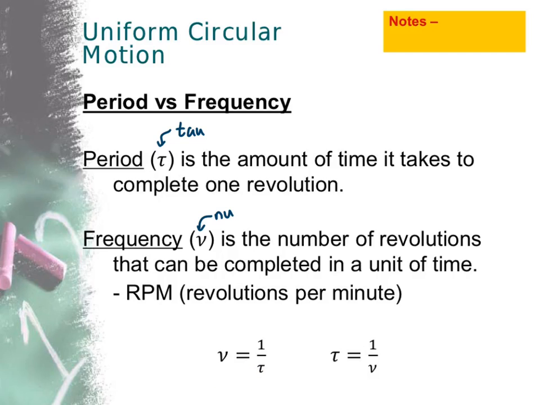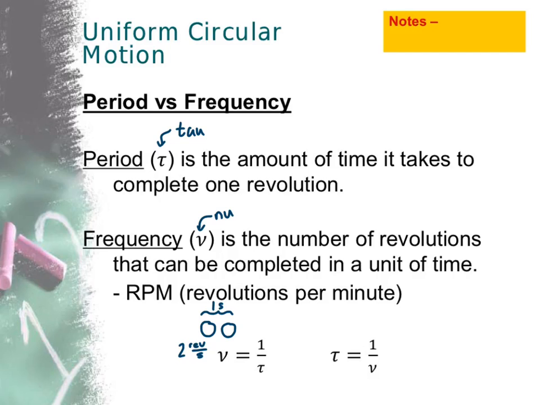That is, if you can do, in 1 second, 2 revolutions, 1, 2, so your frequency is 2 revolutions per second.